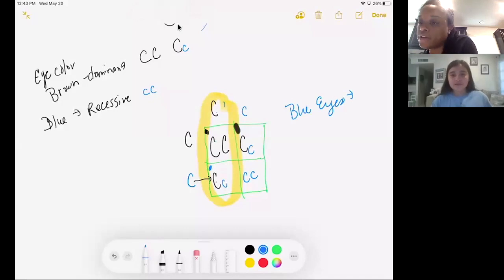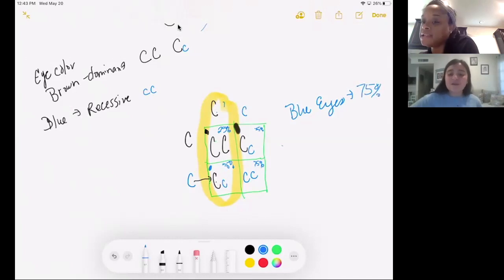So this is 25%, 25%, et cetera, okay? So how many of these boxes will make the kid have blue eyes? Oh, one box. You sure? Oh, three boxes. Three boxes, right? So 75%.